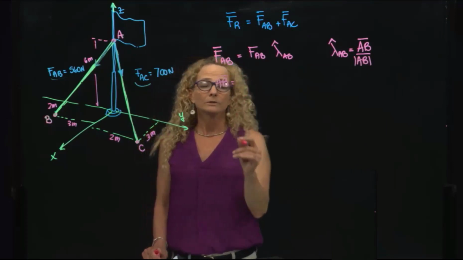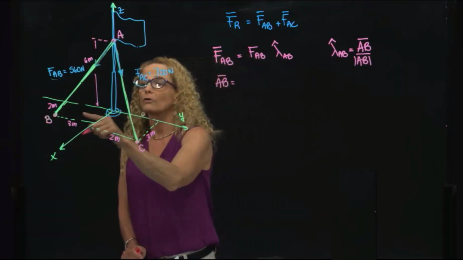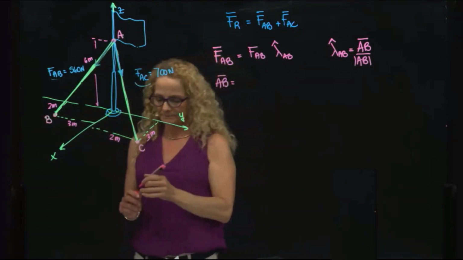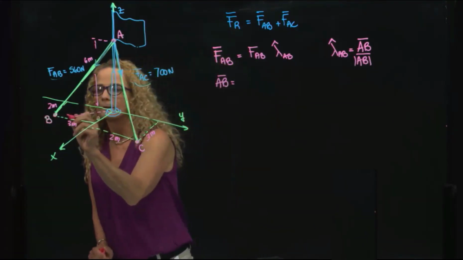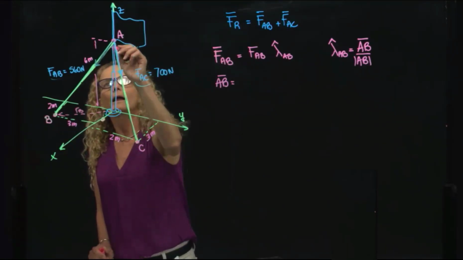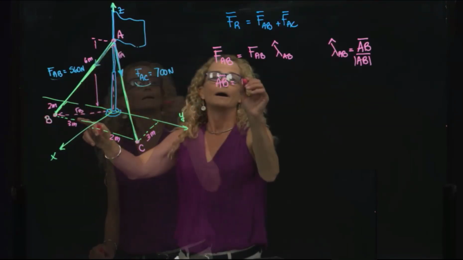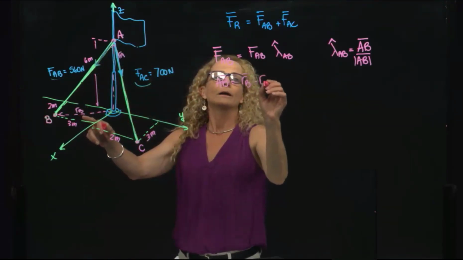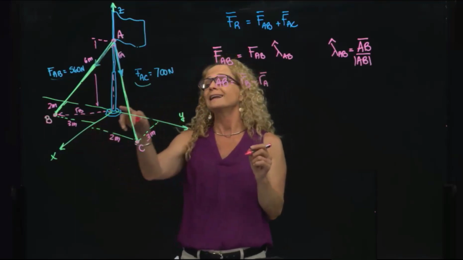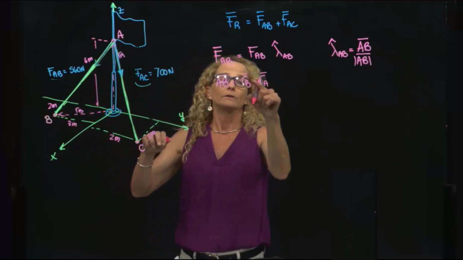There are several ways to find that vector. One way is to find the coordinates of point B, that will be rB and rA, and AB will be rB minus rA. So you can find the coordinates of these two points and find these vectors.